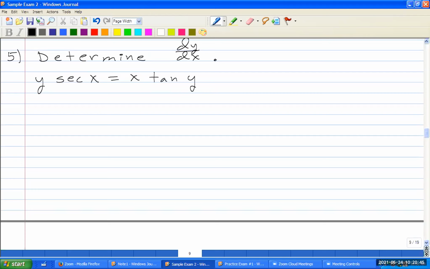And so let's take the derivative of both sides of my equation. And so let's take the derivative of y secant x. And let's take the derivative of x tangent y.